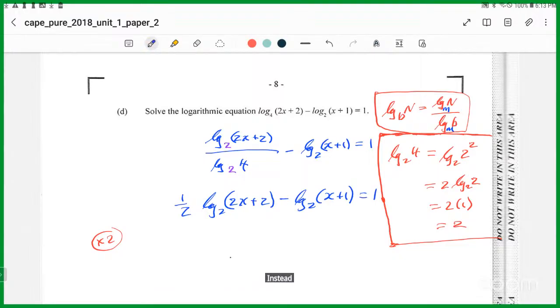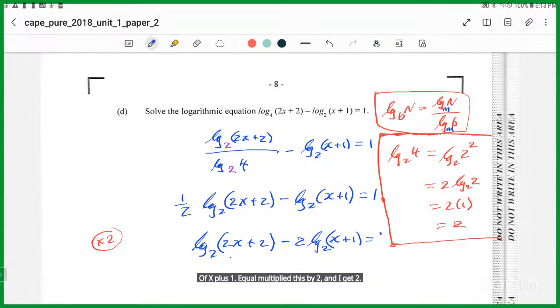So I'm going to multiply this by 2, and I'm going to multiply this by 2. So I'm going to get log to base 2 of 2x plus 2 minus 2 times log to base 2 of x plus 1 equals, multiply this by 2 and I get 2. Then this 2, now bring it up here as a power, right?